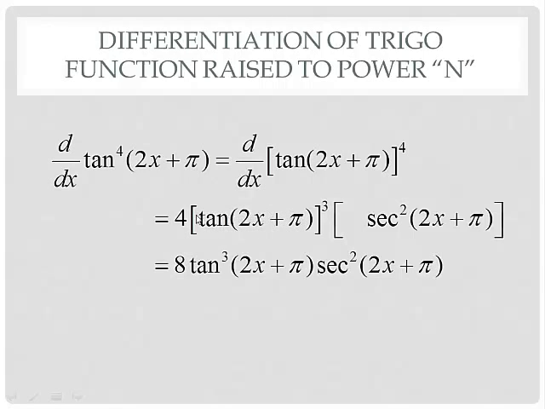So differentiate inside the bracket, tangent 2x plus pi, you get secant square 2x plus pi, then remember to differentiate inside the bracket again, in which you get a 2. So collating the constant terms, 4 times 2 will give you 8, tangent cube 2x plus pi, secant square 2x plus pi.